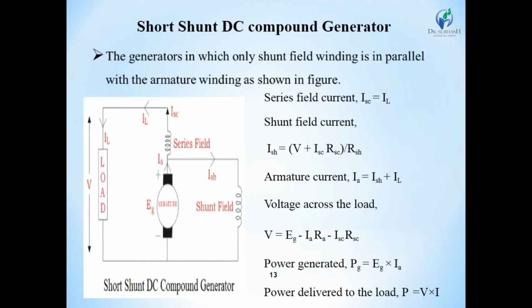Now we discuss the current and voltage relation for the short shunt compound DC generator. The armature current IA is equal to ISH plus IS. The series field current IS is equal to IL.